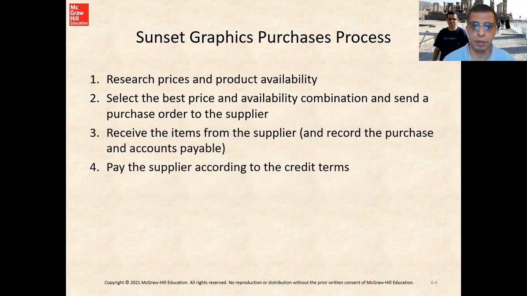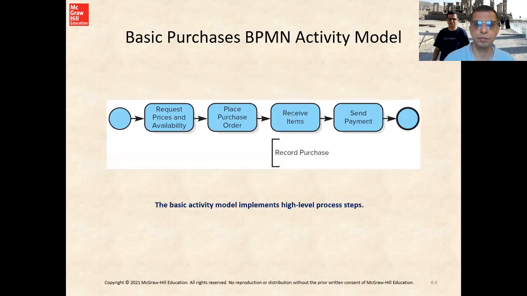I want to buy this. Then once you receive the item from the supplier, you record the purchase and accounts payable as we saw. And then eventually you pay the supplier according to the credit terms, down payment, 3 months, whatever the credit terms are. So these are the processes of purchase.